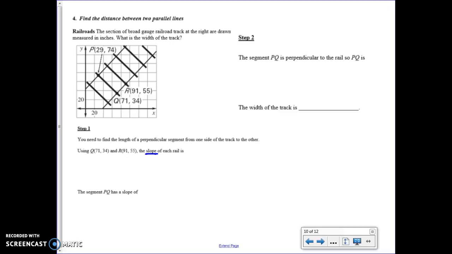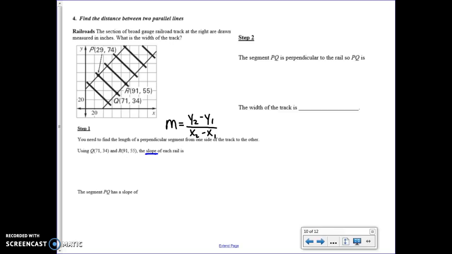So what we're looking for is the perpendicular lines here. So we want opposite reciprocal slopes. So if you don't remember your formula for slope, we use M to represent slope, and we have y2 minus y1 over x2 minus x1.